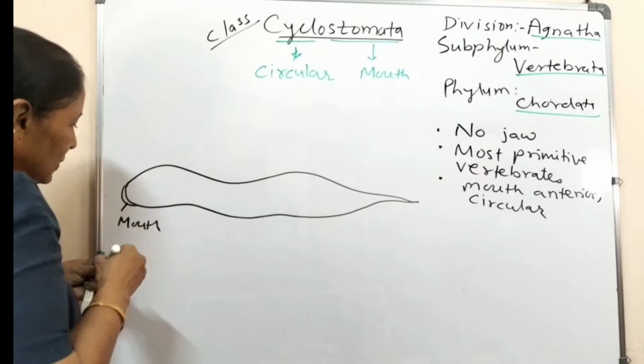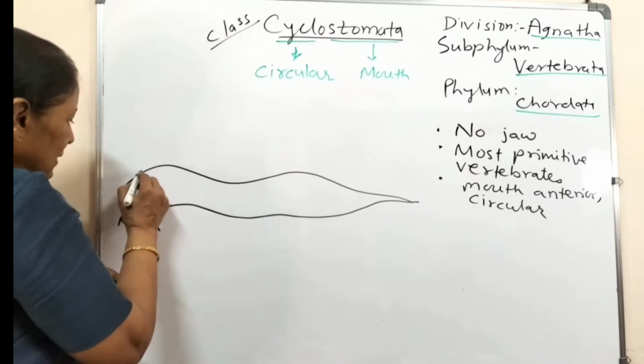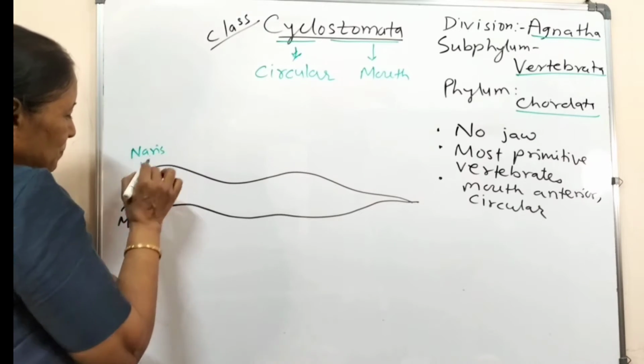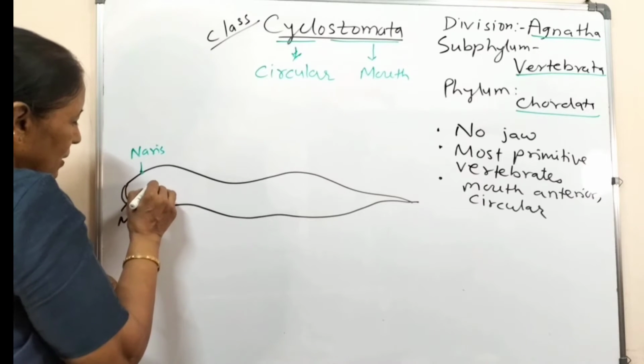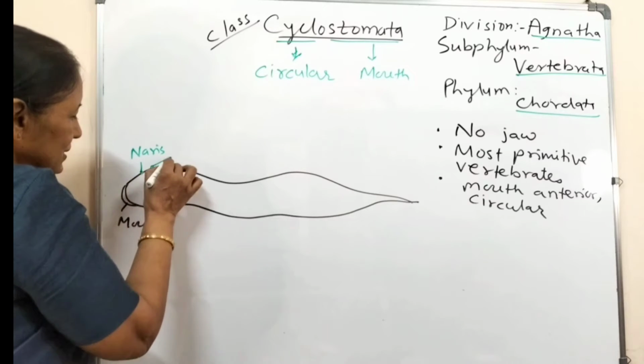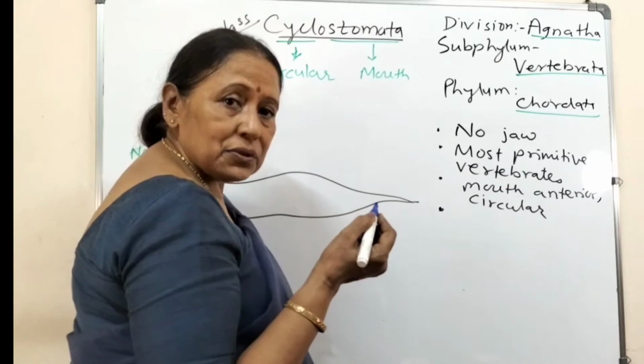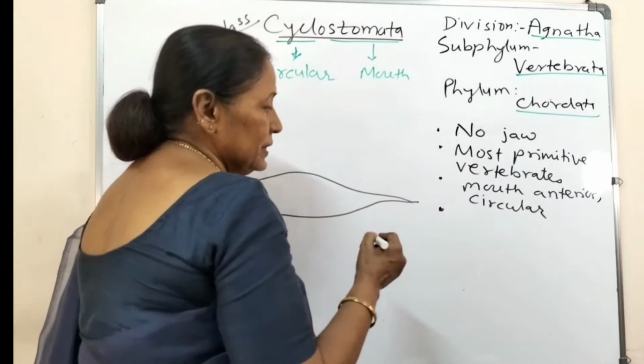Here you will find one opening, this is a single opening, this is the nares, one nares. Then there is a pair of eyes. In case of cyclostomes, the gill slits are present.